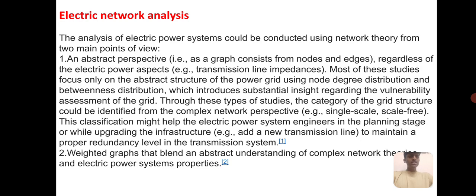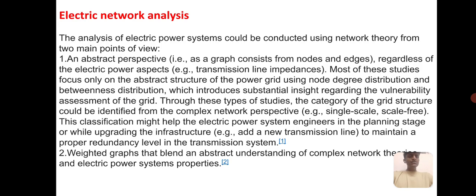Most of these studies focus only on the abstract structure of the power grid using degree distributions and betweenness distributions. Through these types of studies, the category of the grid structure could be identified from the complex network perspective, for example single scale or scale free.